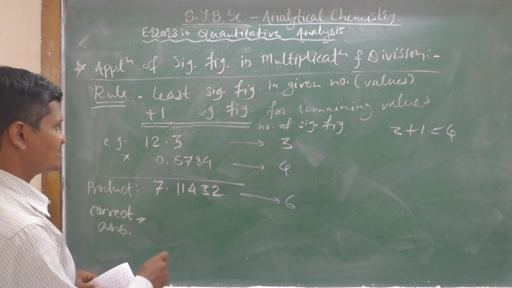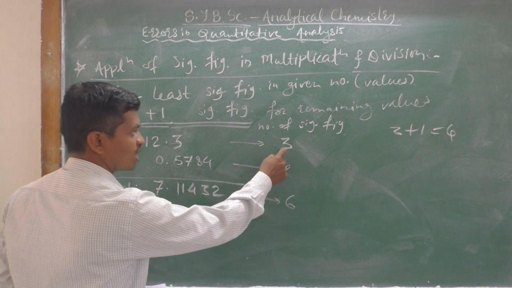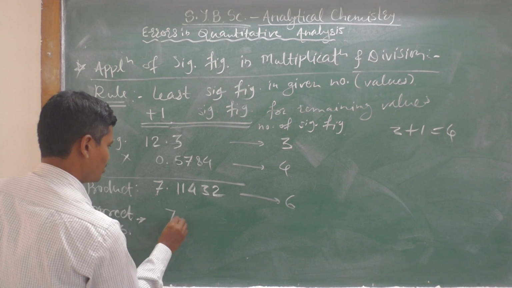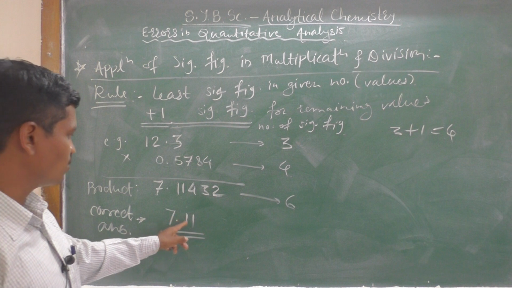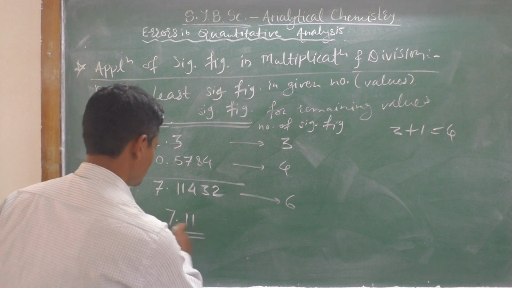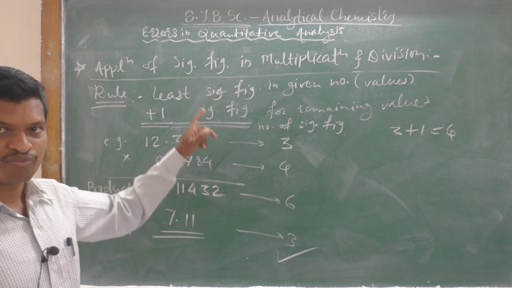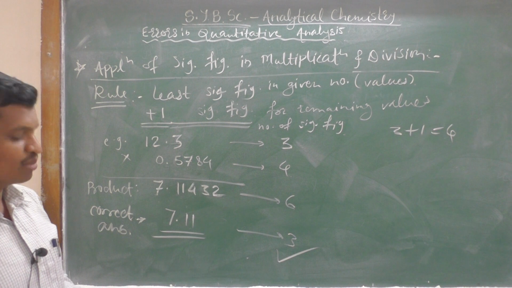So what is the correct answer? The allowed significant figures in the product are only 3. So the answer will be 7.11. 1 2 3, the number of significant figures is 3, which is allowed as per the rule. So this is the concept of significant figures in multiplication.